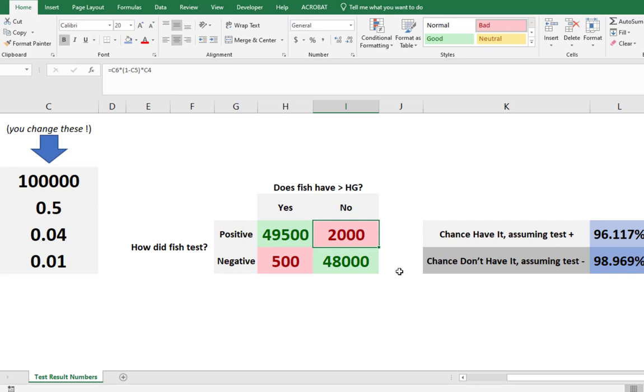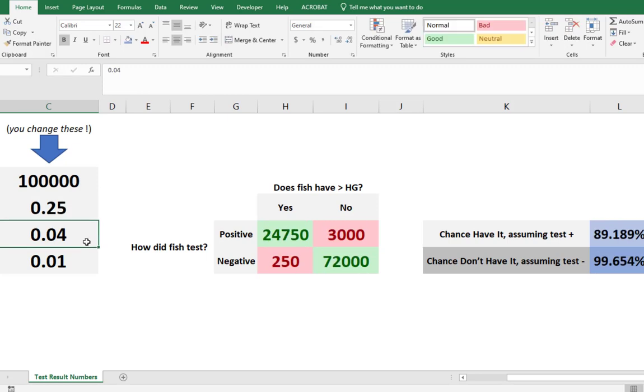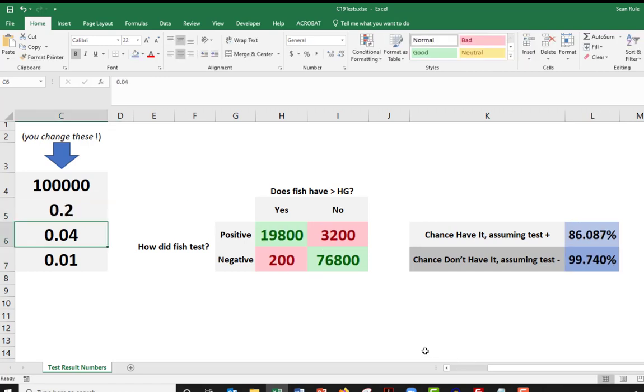It becomes more obvious when you change the incidence rate. Now, I know we're assuming that it's 50% in the lake. Let's say we make it 25%. Let's cut the incidence in half. Well, that changes the probabilities over there considerably. It just made the chance of a clean fish, assuming a negative test result, go up. And you're going to see that if you keep changing the incidence and keep making it go closer and closer to zero, that probability will continue to go up.